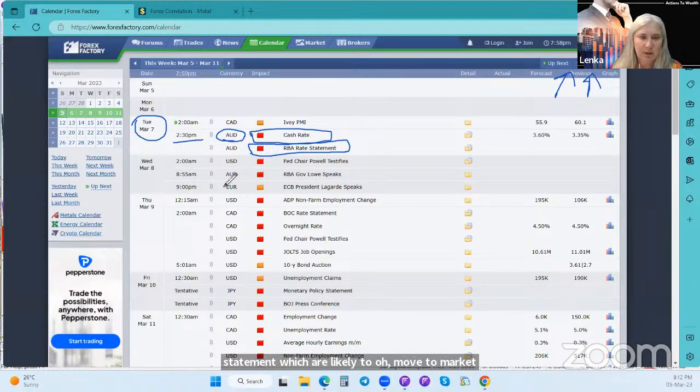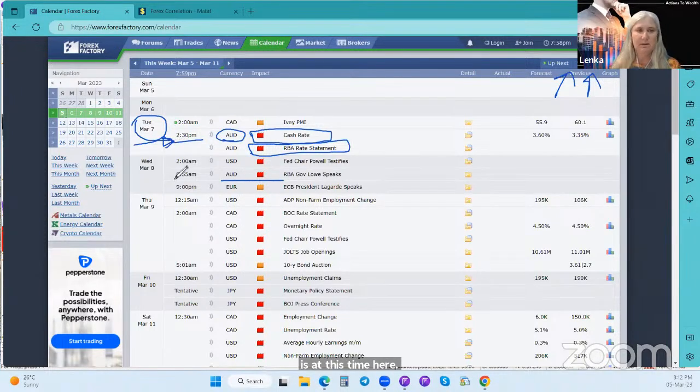After that, we have Wednesday. It's probably not that exciting, and nothing for Euro. So the main time that I would be looking for the setup is at this time here. This is my time. I'm in Sydney, Australia. Okay, so whatever time that is, and day, it should probably be the same day, but a different time in your time zone.